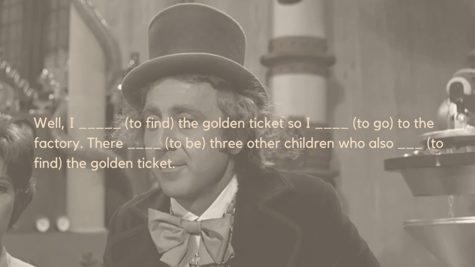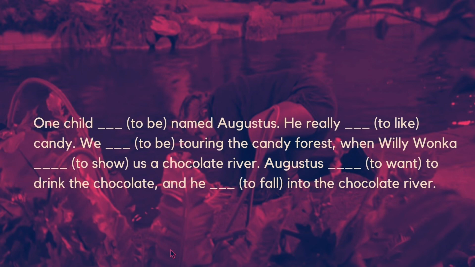There to be 3 other children who also to find the golden ticket. One child to be named Augustus. He really to like candy.